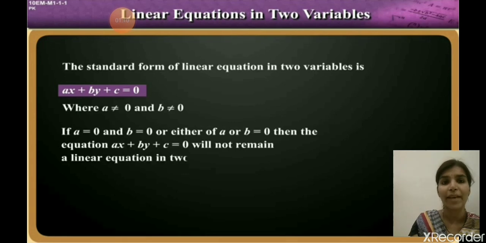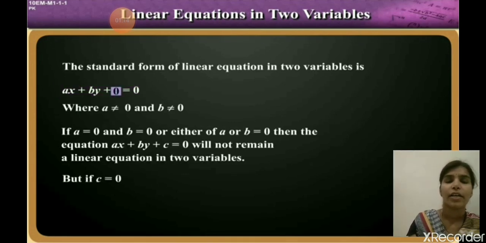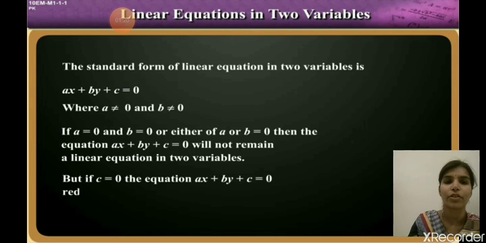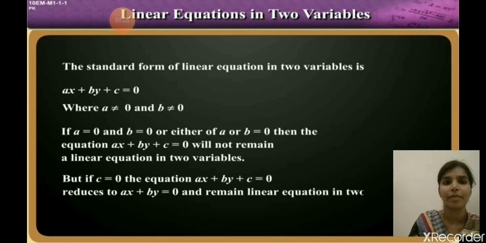It will not remain a linear equation. But if c = 0, then the equation ax + by + c = 0 becomes ax + by = 0, and it remains a linear equation in two variables.